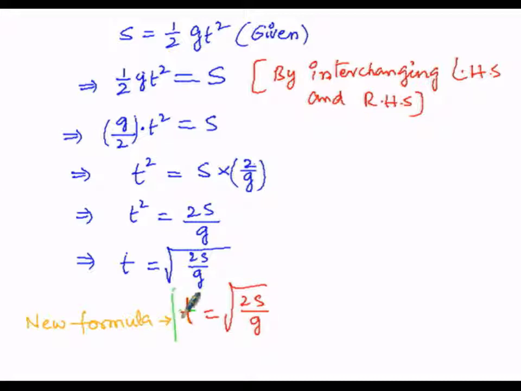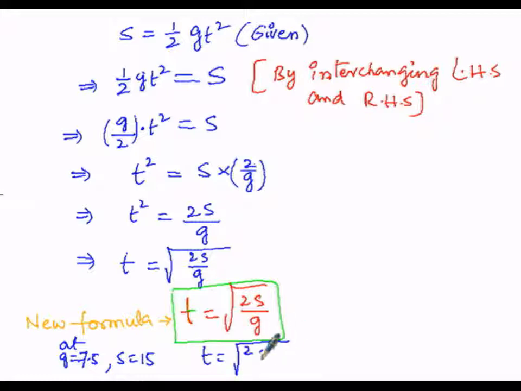Whereas here we have to find out the value of T at G equals 7.5 and S equals 15. So at G equals 7.5 and S equals 15, its value will be, T equals under root 2 into S, but S is 15, so 2 into 15, overall divided by G, whose value is 7.5.